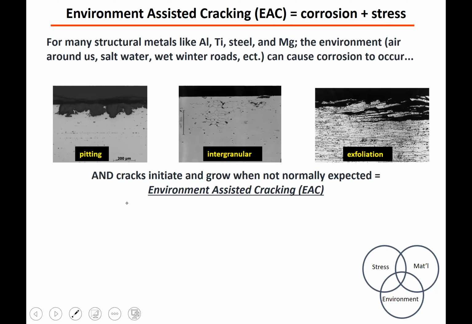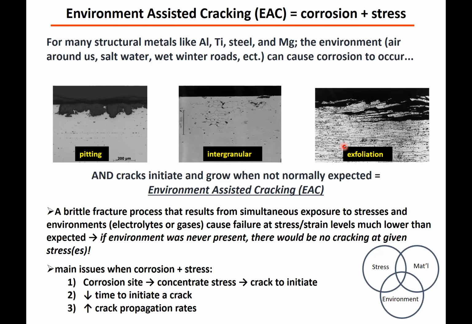How do these structural materials behave and survive in, like what we talked about last time, salt water or wintry conditions where you have salted the road? So we talked about pitting, intergranular growth, and then exfoliation of the material once the electrolyte seeps through along the grain boundaries and breaks apart the material, and you have these exfoliated sheets.